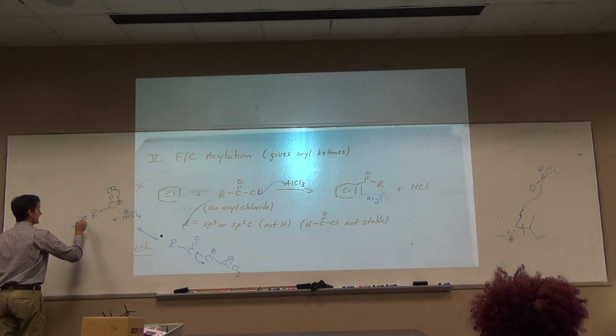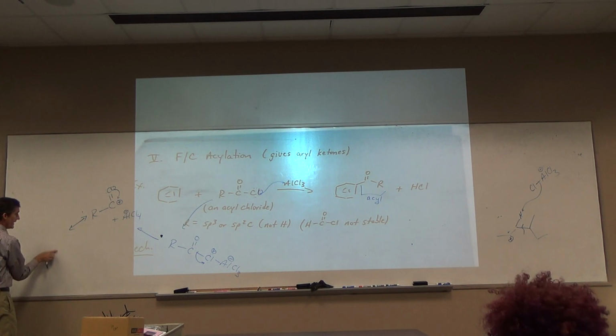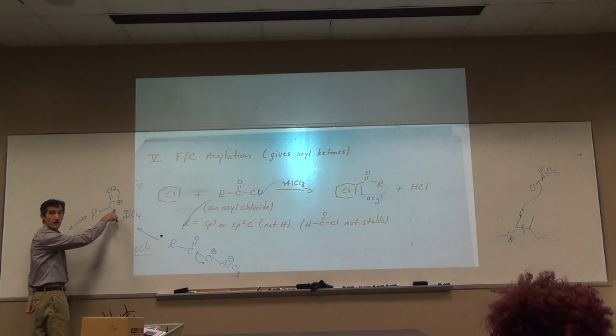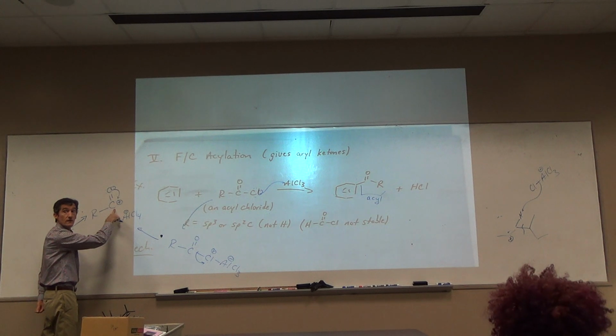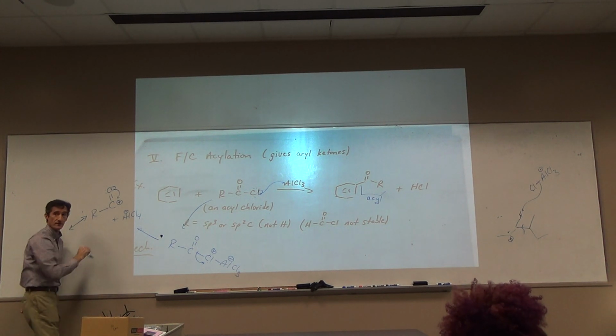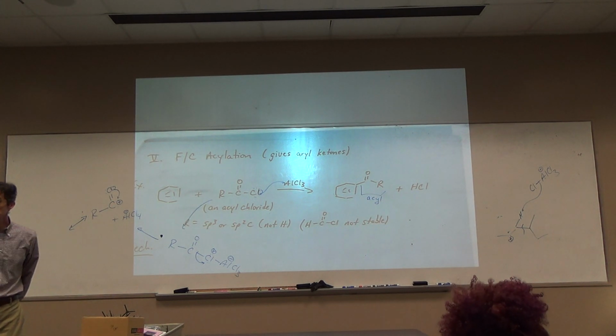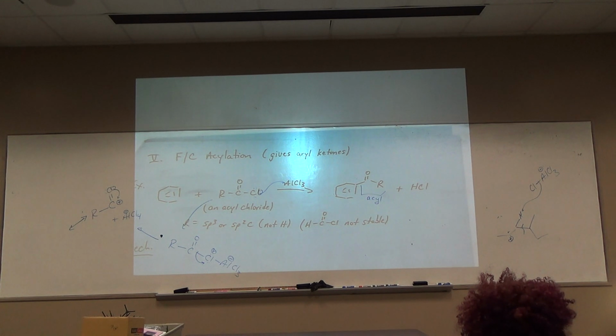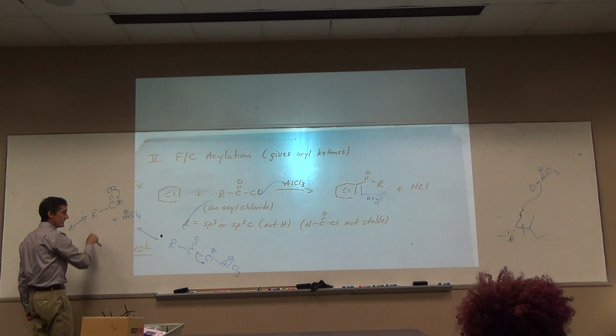You can do resonance. Now my bond angle is wrong here. What's the hybridization of the carbon here? sp2. What's the hybridization of that carbon? How many regions around it? 3. How many regions around it? Just 2, double bond regions, single bond regions. 2 regions. What's the hybridization? sp. Geometry? Linear. It's actually linear now.